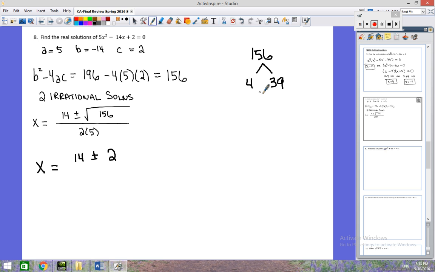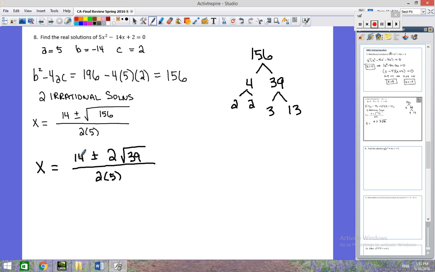Now, I can't simplify 39 other than to recognize that it's 3 times 13, and neither one of those are perfect squares. So here's the prime factorization. Nope, it's not a prime factorization because 4 can be factored to 2 times 2. But anyway, this is divided by 2 times 5, which is 10.